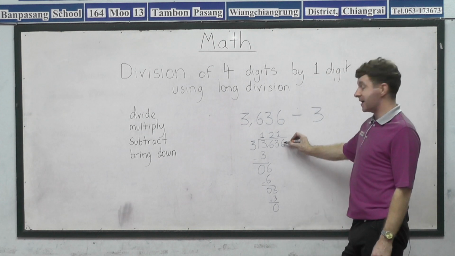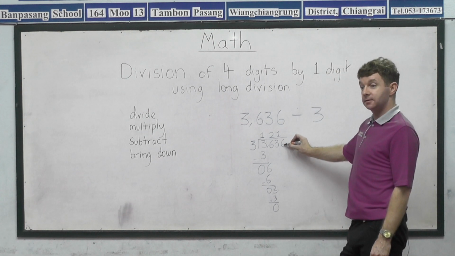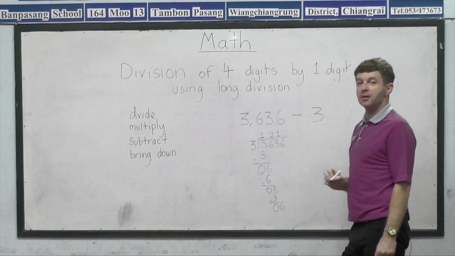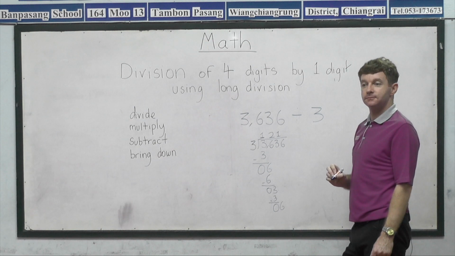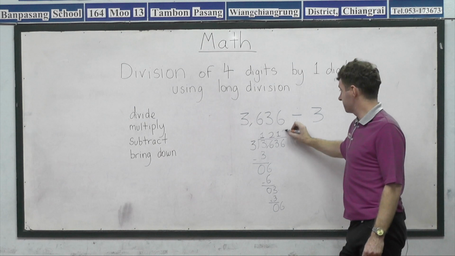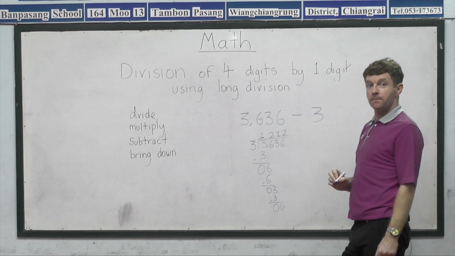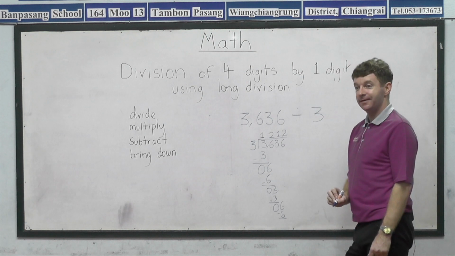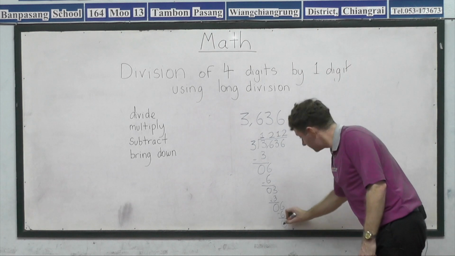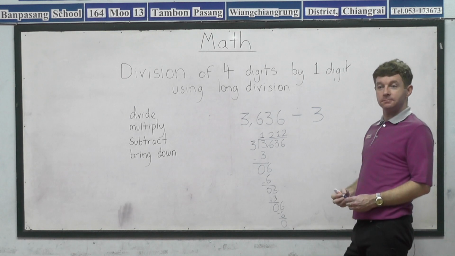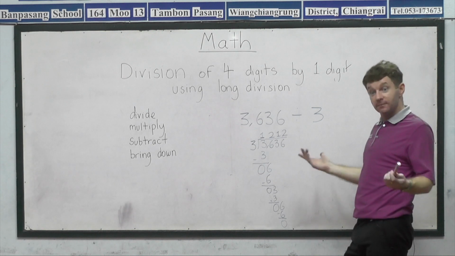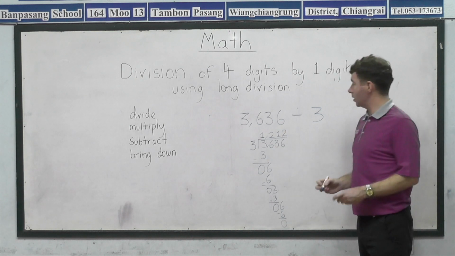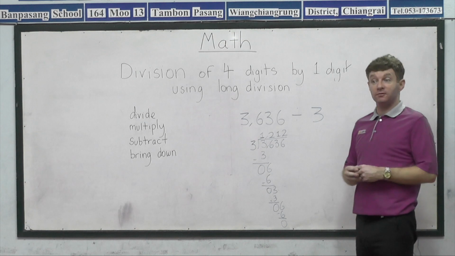Finally, we bring down our final number, 6. 6 divided by 3 is 2. 3 times 2 equals 6. 6 minus 6 equals 0. Any more numbers to bring down? No. Any remainders? No. So we have our answer, 1,212.